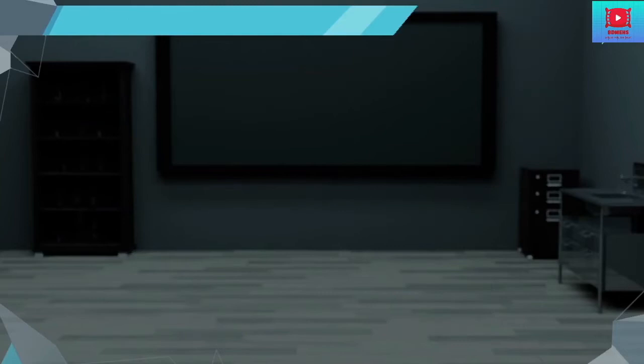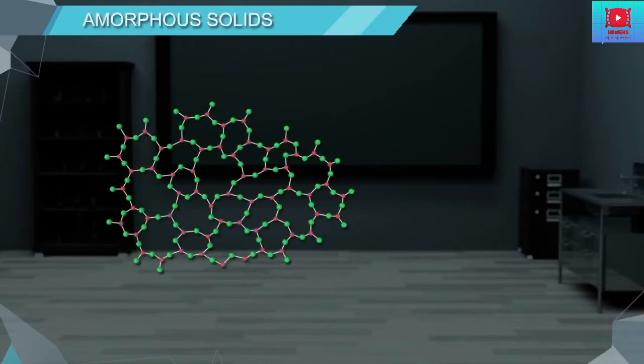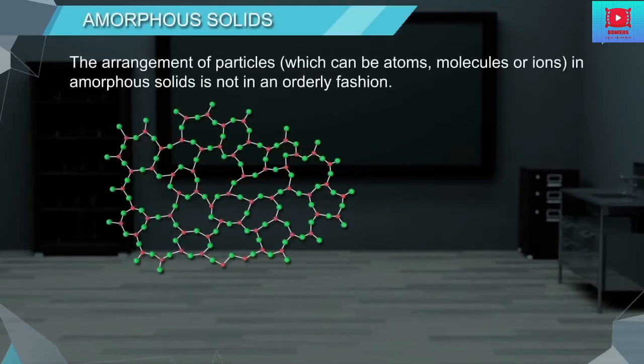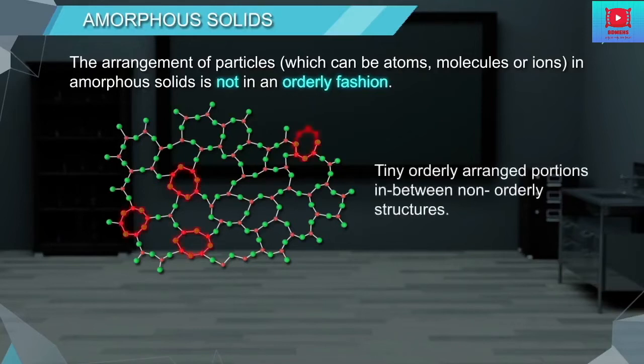Now let us discuss amorphous solids. The arrangement of particles in amorphous solids is not in an orderly fashion. Sometimes in amorphous solids we can find a few tiny orderly arrangements in between the non-orderly structure.